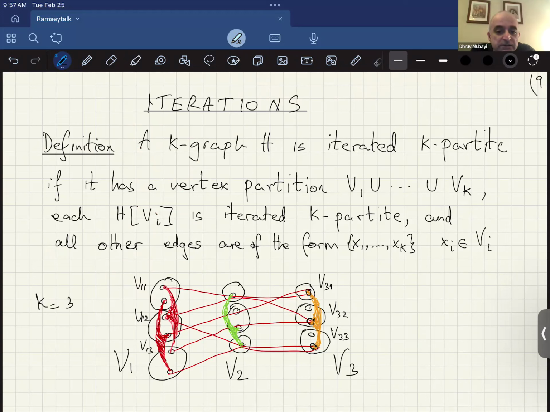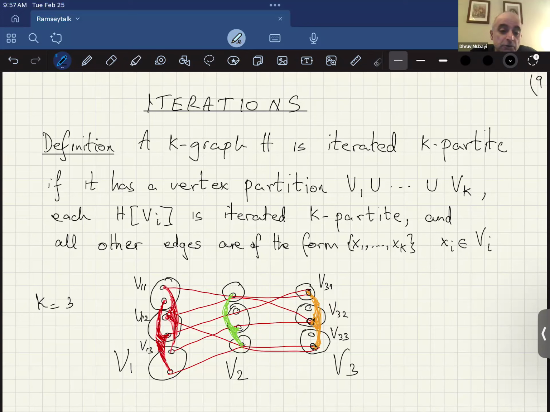So you first partition it into k parts. I've shown an example just for 3. And the edges of your hypergraph go between the parts, just like a usual 3-partite 3-uniform hypergraph. So they all have edges with 1 point in each part. These are these red lines. But the iteration part means that you can recurse this construction inside each part.